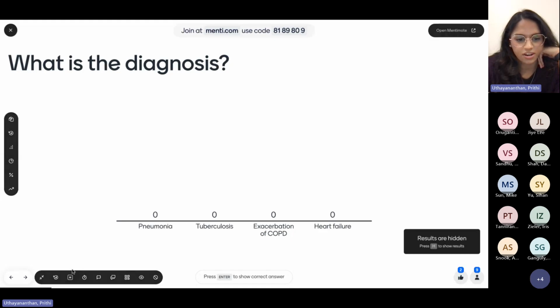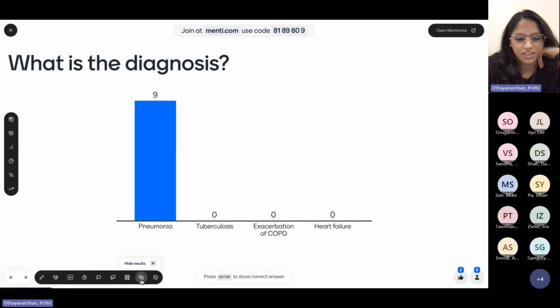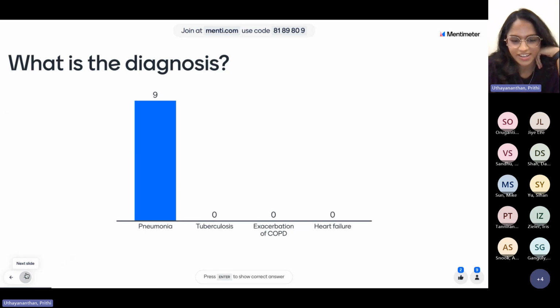Yeah, there's one more person. Okay, great. So let me show you. Okay, great. Yeah, pneumonia. Fine. I guess you guys don't really need an explanation for that one. It's just the increased opacification on the right side. You can tell.